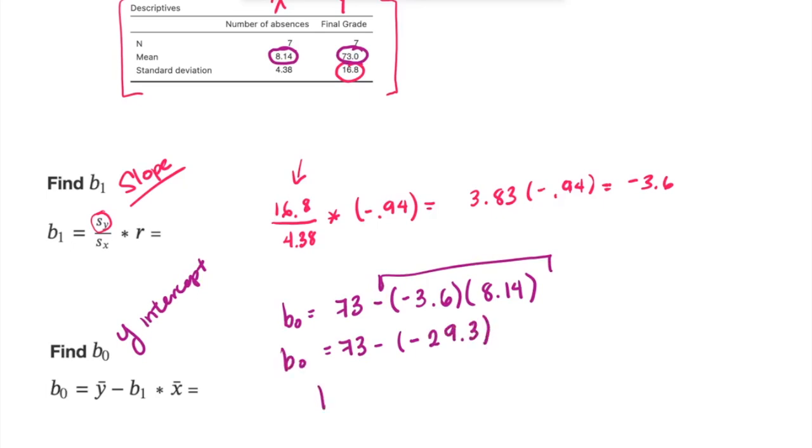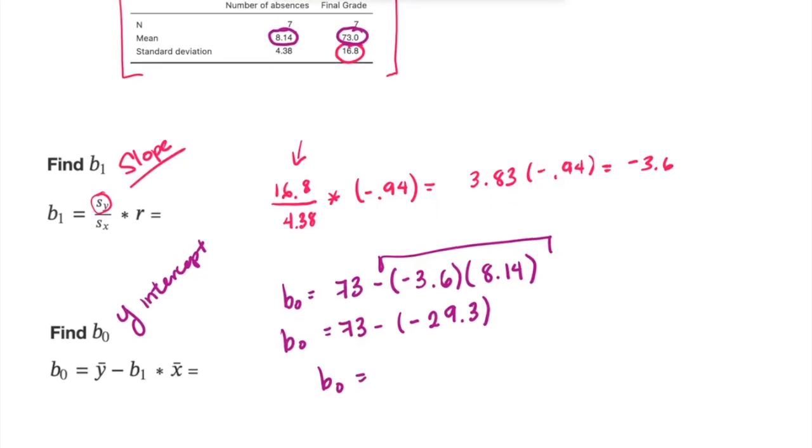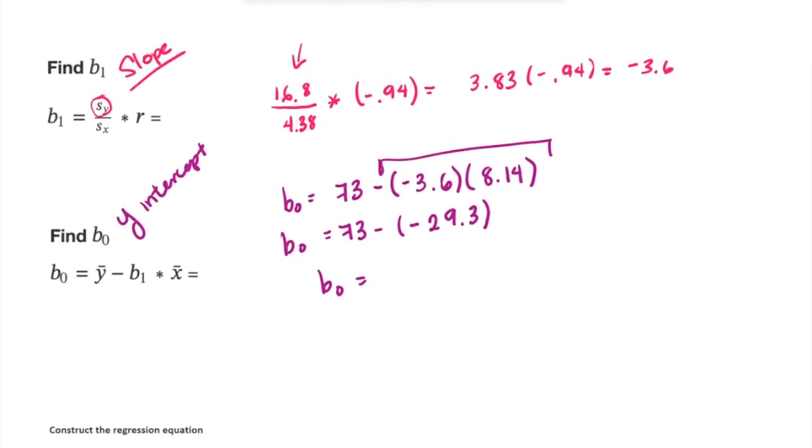So it's going to be 73 plus 29.3, which is 102.3. It goes over what realistically a grade would be.